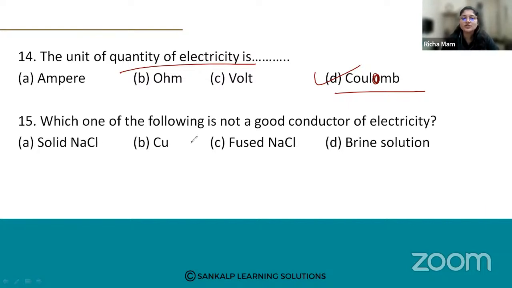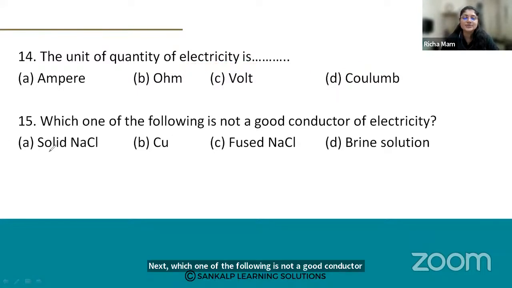Next, which one of the following is not a good conductor of electricity? A, solid NaCl, B, metal copper, C, fused NaCl, and D, brine solution. Which one of the following is not a good conductor of electricity?